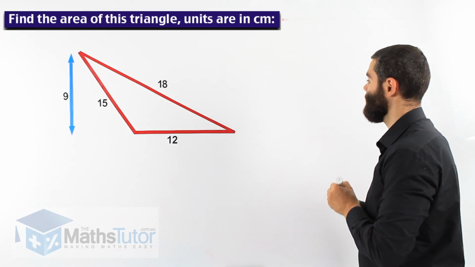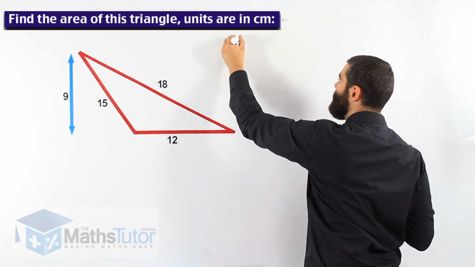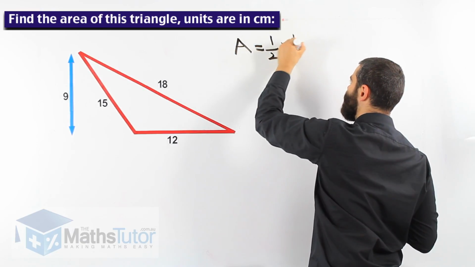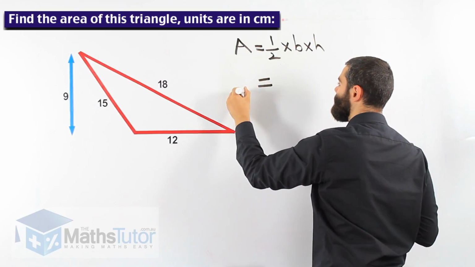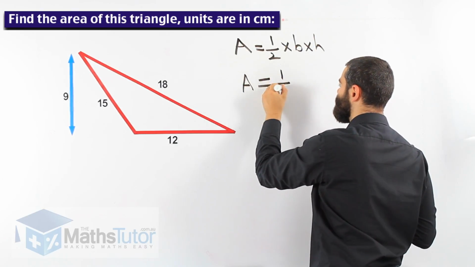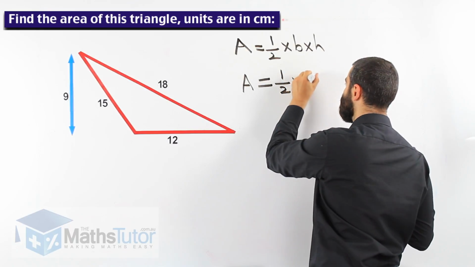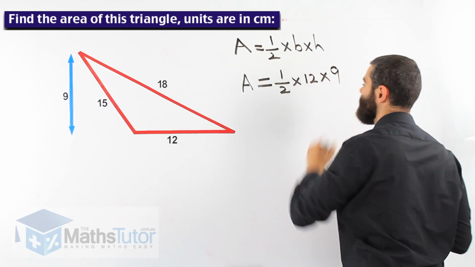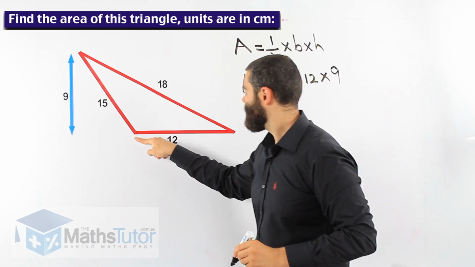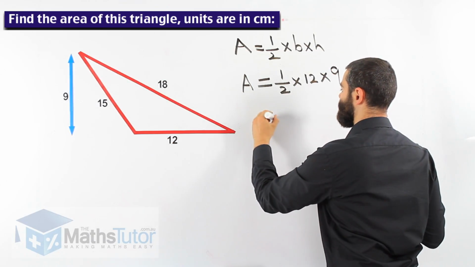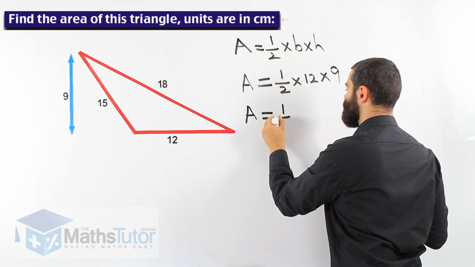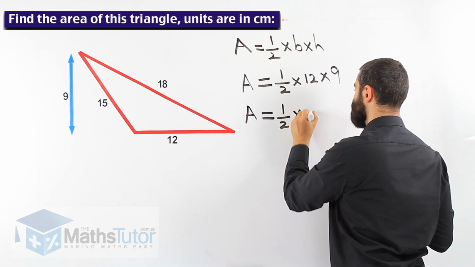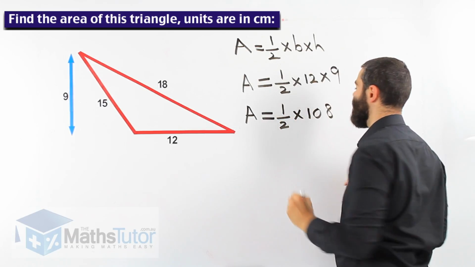Let's get started. Well, we need to know the formula. Of course, we have to memorize it. A equals half times base times height. Half times 12 is the base, and the height is 9. So the vertical height is 9 and the base of the triangle is 12. Half times 12 times 9, 108.